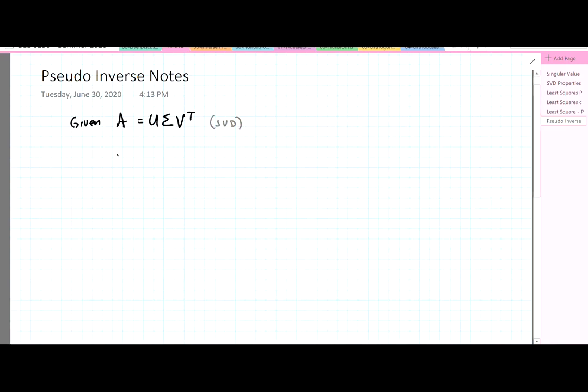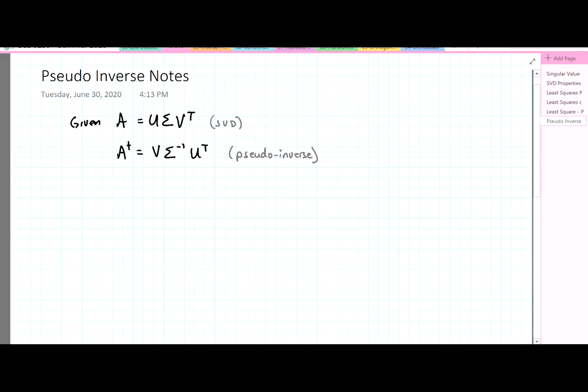we defined the pseudo-inverse as V sigma inverse U transpose. Like such.